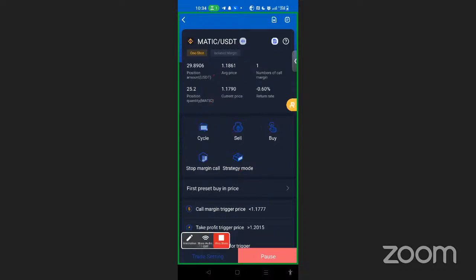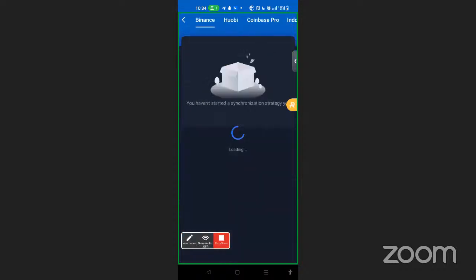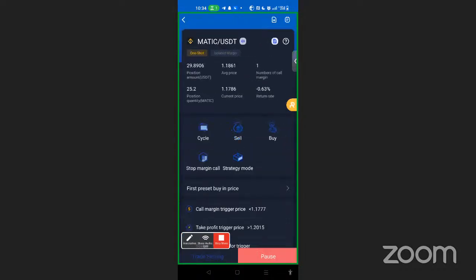Now let's tap on this icon on our screen. There are so many icons here, but let's go to this icon.